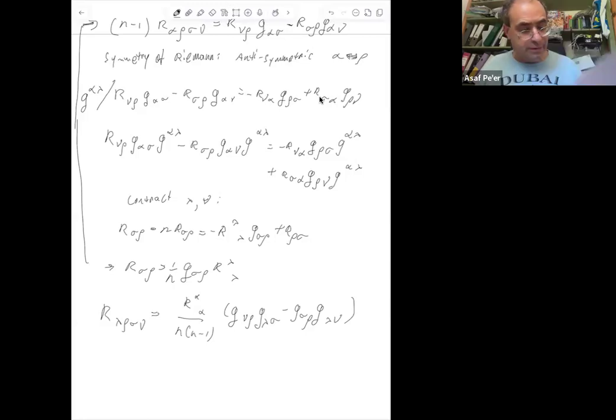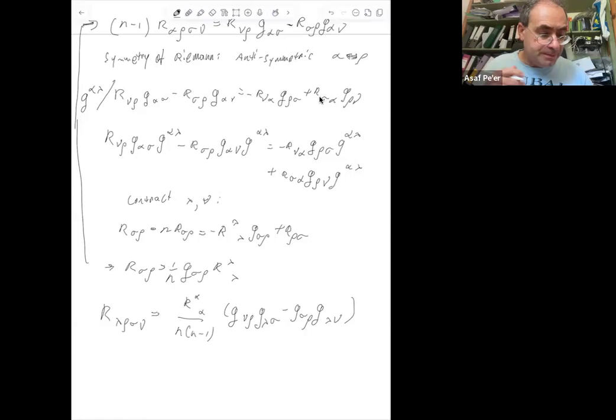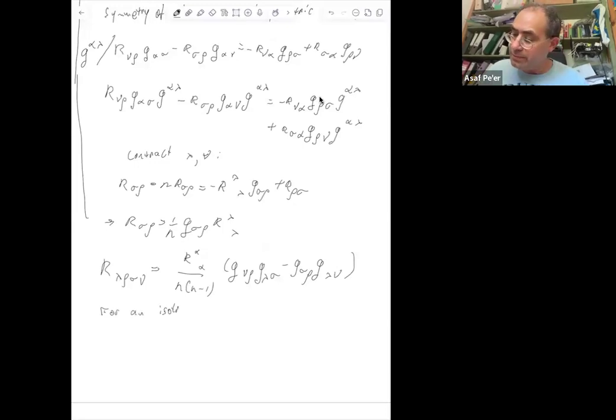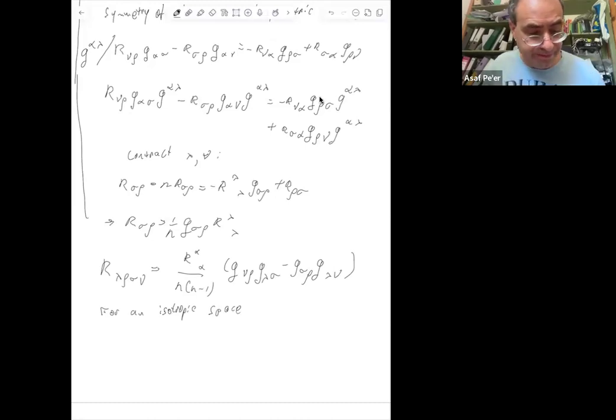And finally, if the space is isotropic, or an isotropic space, we can use a Bianchi identity.